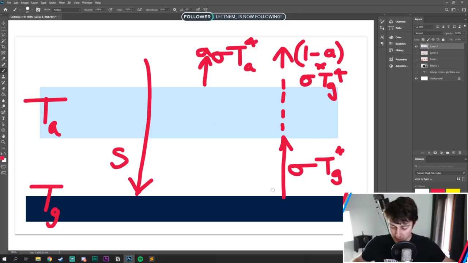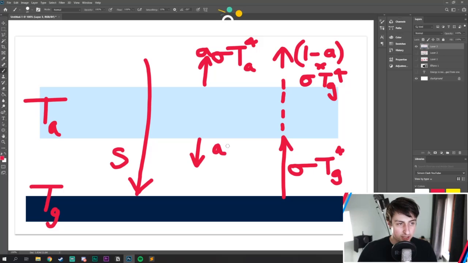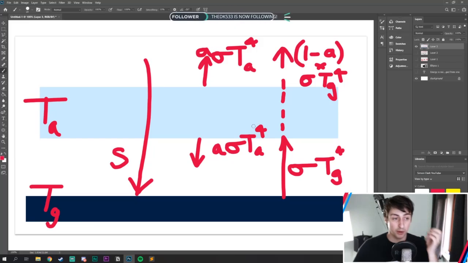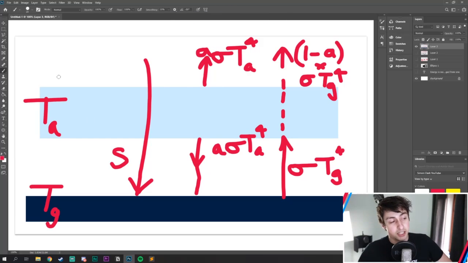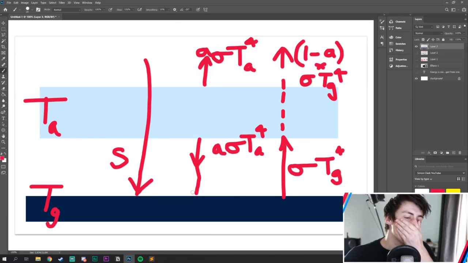The Earth obviously can't emit going downwards into the rock because there's nowhere for the radiation to go, but the atmosphere can. So it actually radiates effectively twice. The amount of energy that it gives off is twice the absorptivity, which equals the emissivity, times sigma times the temperature of the atmosphere to the 4th power. And so that energy that's given off by the atmosphere is absorbed by the ground. This is the energy exchange that's going on, basically.